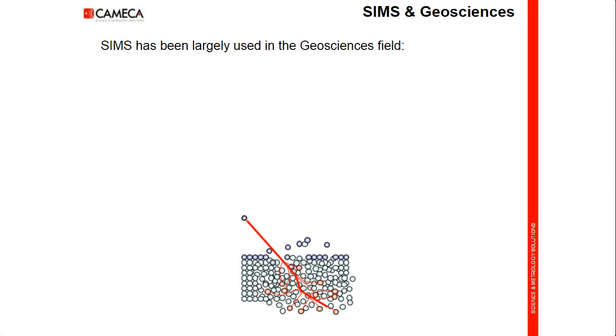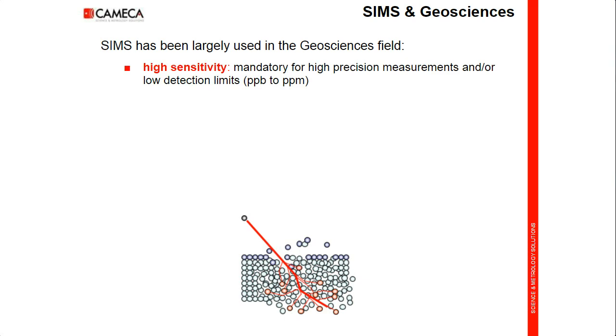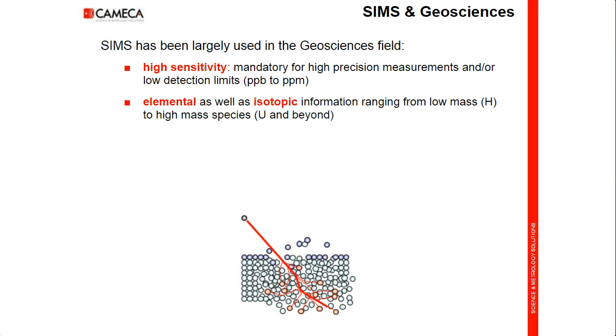SIMS has been largely used in the geosciences field because of its high sensitivity, which is required for high precision measurements and/or low detection limits, because it provides both elemental and isotopic information for quasi all elements of the periodic table.